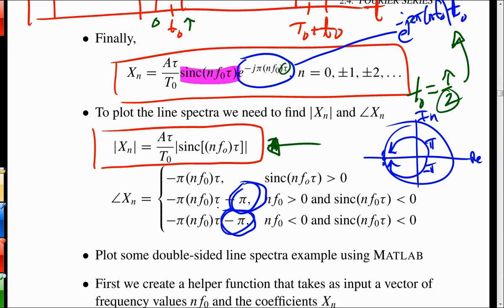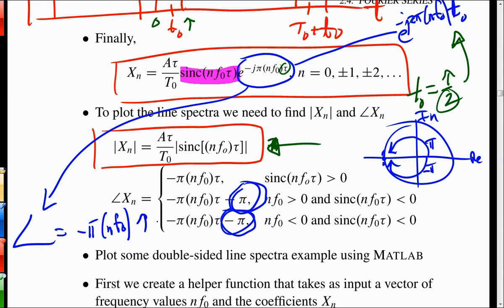But then there's a linear phase term that comes out of here. What's the angle that comes out of the e to the j? What's the angle of the complex exponential? It's just the argument itself. So that angle is equal to minus pi n f naught times tau. It's actually what I've got written right over here.